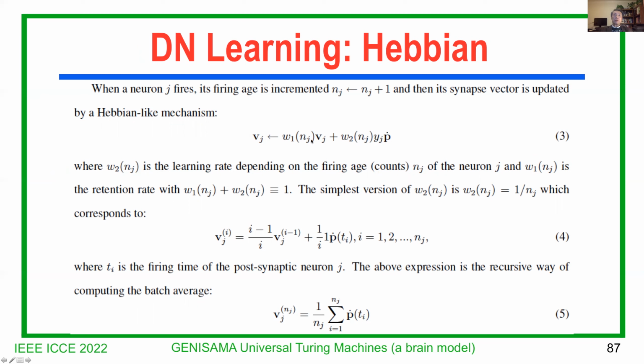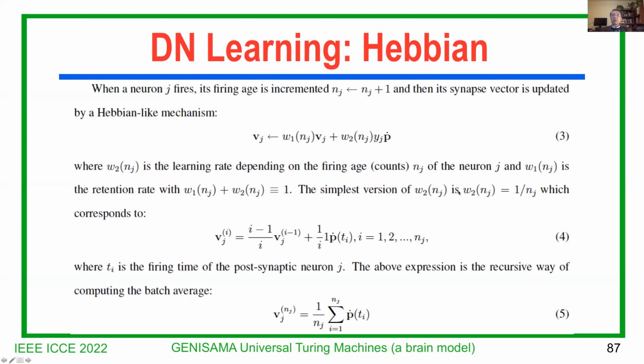The winner will be updated with old and new. And the learning rate depends on the firing age n_j of the neuron j, and the retention rate and the learning rate add together to become 1.